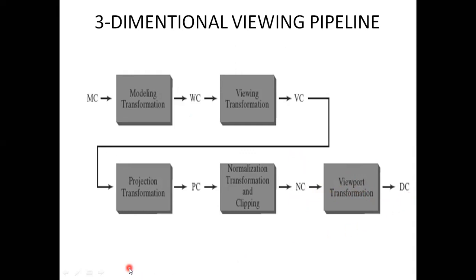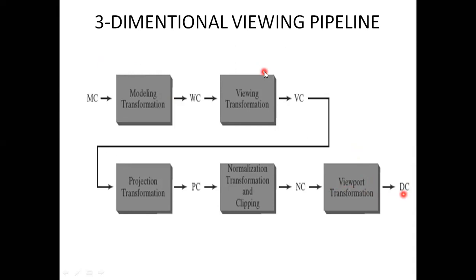So what is the main thing in this viewing pipeline? The main thing is that the three-dimensional pipeline is converting a three-dimensional object or coordinates into a two-dimensional object, two-dimensional coordinates at the device end. In the two-dimensional viewing pipeline there is no such thing. The original image is also two dimensional, and the device coordinates are also two dimensional.